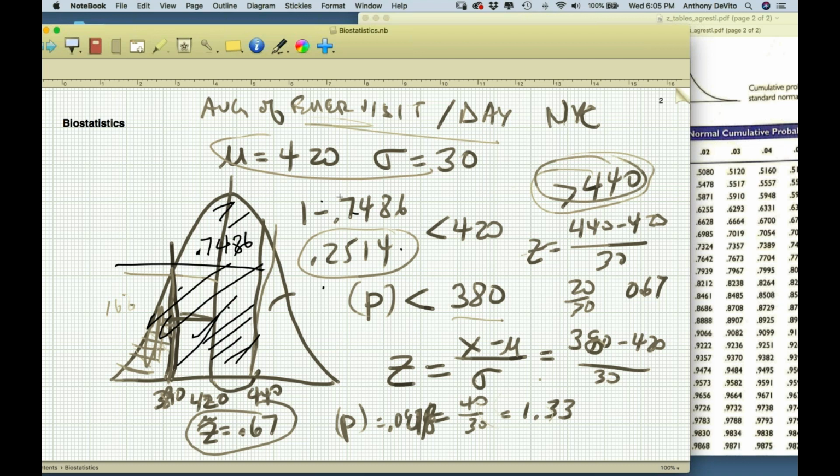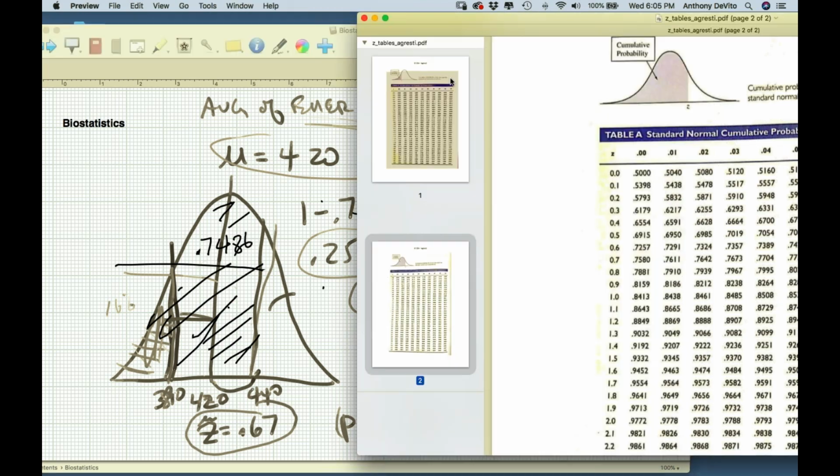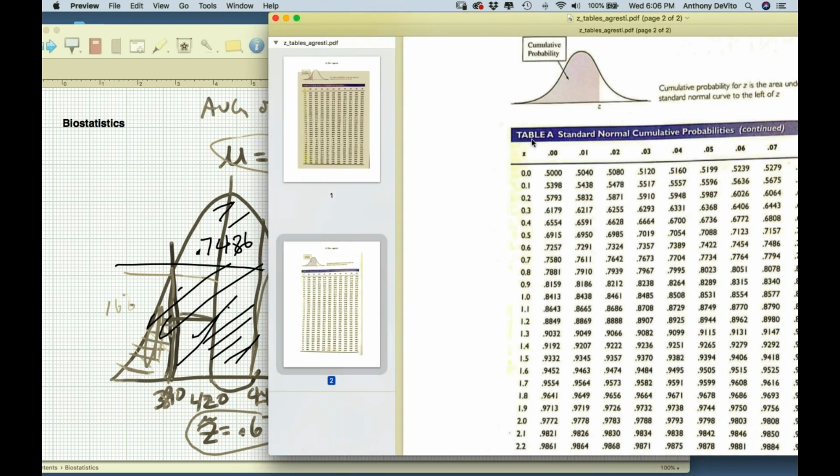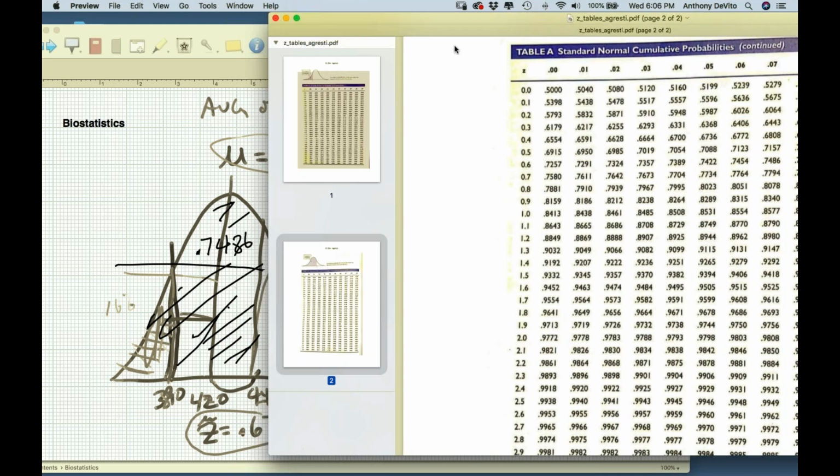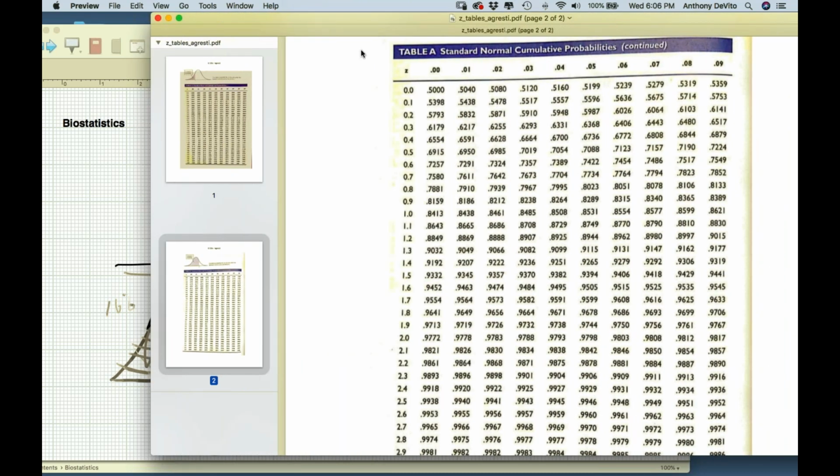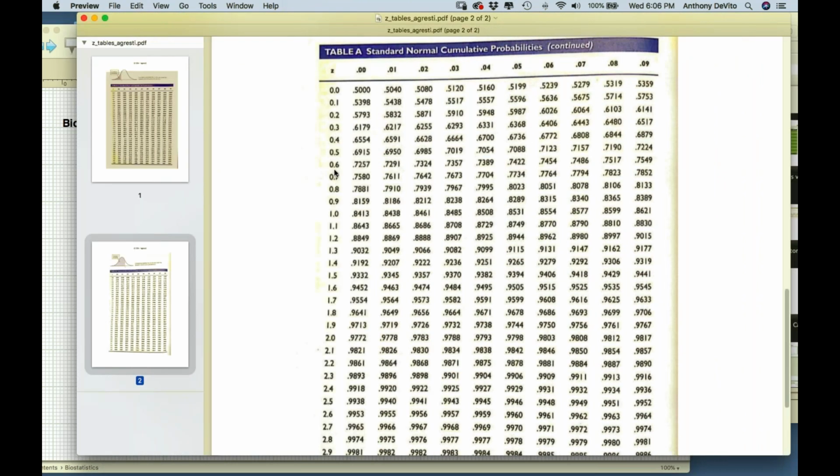Okay, so now if I go to the table and look up that area, that's going to be the area to the left. If I look up that z-score using the normal distribution table, the area is 0.7486.